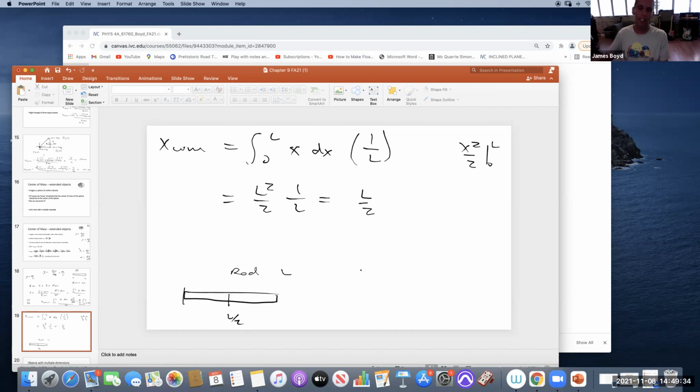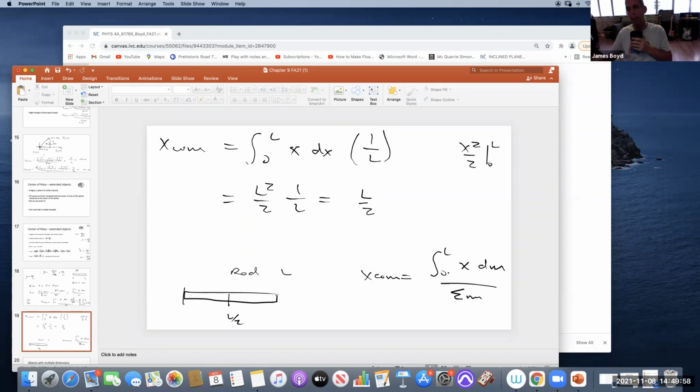The integral is x of the center of mass is the integral from 0 to L of x dm over the sum of the masses. That's what it is, oddly enough, and that gives us length to the half.